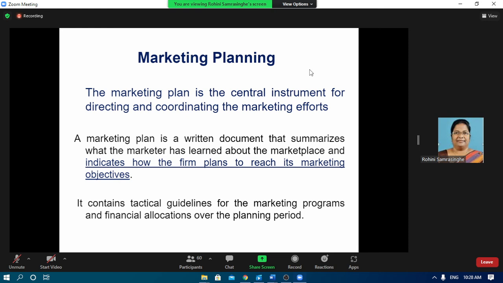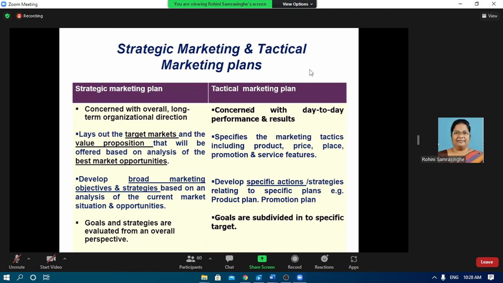Marketing planning, simply you can look at from two types, especially the tactical plan and the strategic planning, right? Look at the strategic planning and tactical planning differences. It is almost similar to the strategic corporate level plan and the other level plans with the tactical plan. Here you can simply understand a strategic level marketing plan is concerned with the overall long-term organization direction.